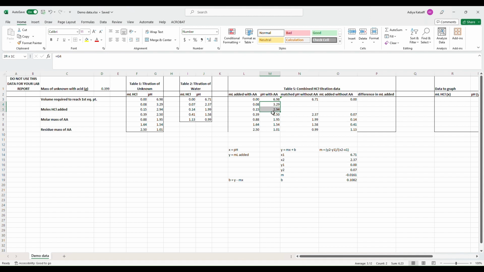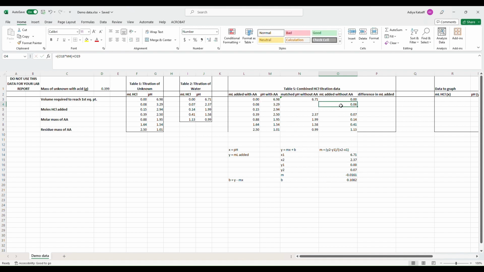And the pHs that we want to use are these known pHs that we measured, that we don't have these matched mils added for. So we just make another formula over here. So in our first gap, we're solving for y, so we have y equals our m times the missing x plus our b.